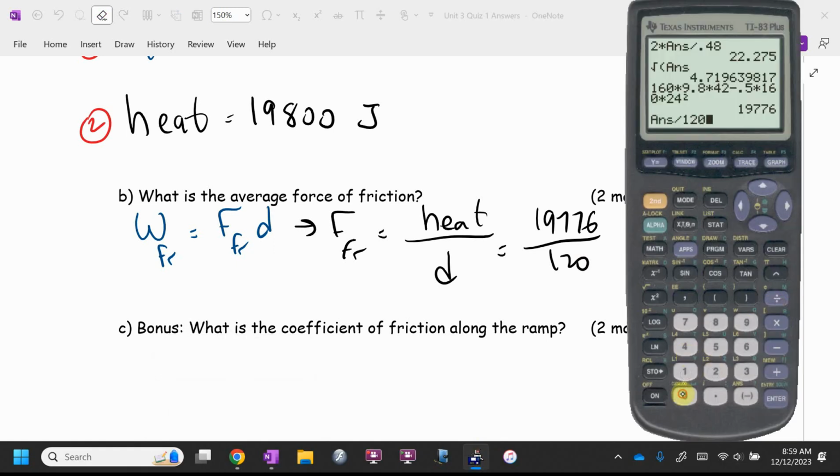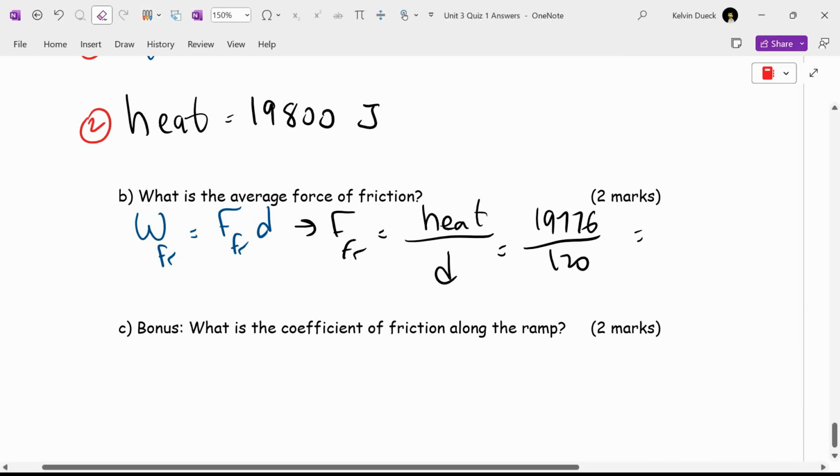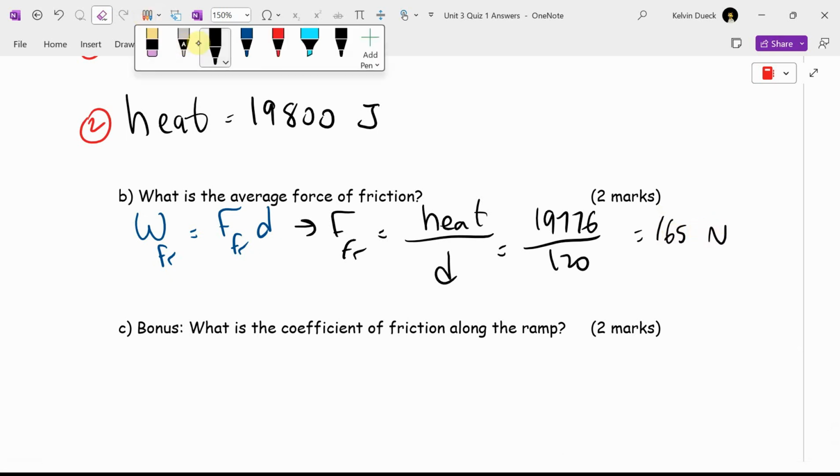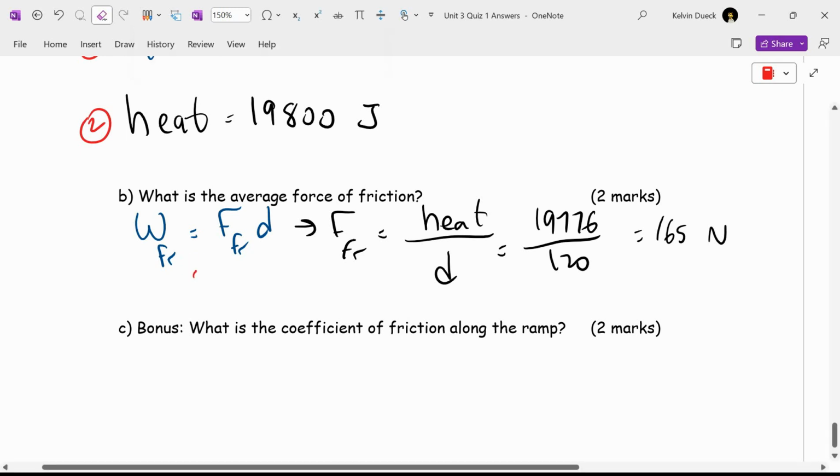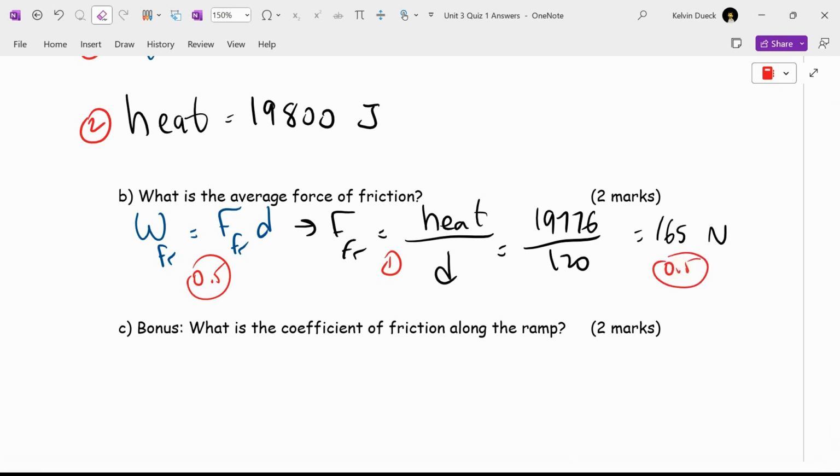Divided by 120, the average force of friction is 164.8. I'll call it 165 newtons. If you got that, 2 out of 2. Otherwise, I would give you 1 mark if I saw that you were dividing the heat by the distance, and a half mark for the answer.